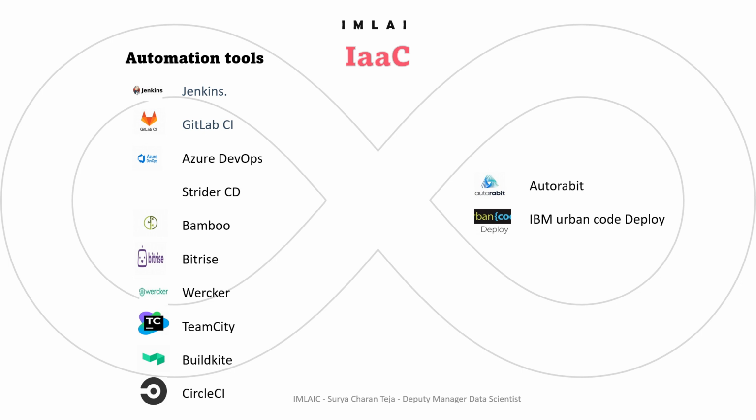The most famous tool is Jenkins. After that, GitLab CI is another famous tool. I saw most of my friends using this, but we are using Jenkins. Then Azure DevOps, and Bamboo is another famous tool. Then CircleCI, also a famous tool, and AutoRABIT, and some use IBM UrbanCode Deploy, which has a capability for continuous integration, continuous delivery, and continuous deployment too.